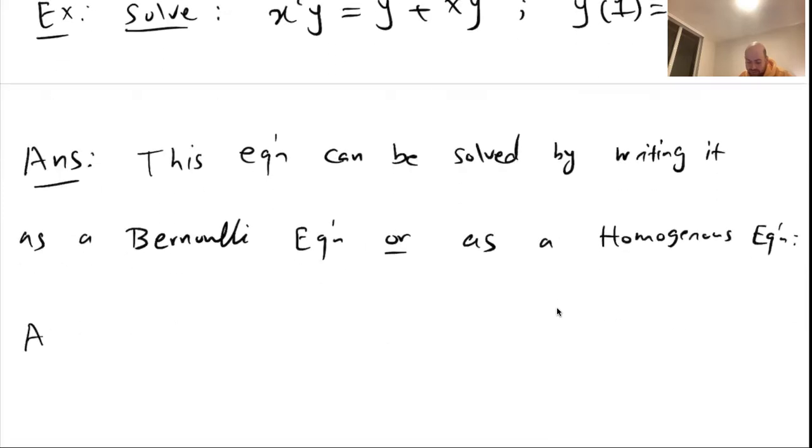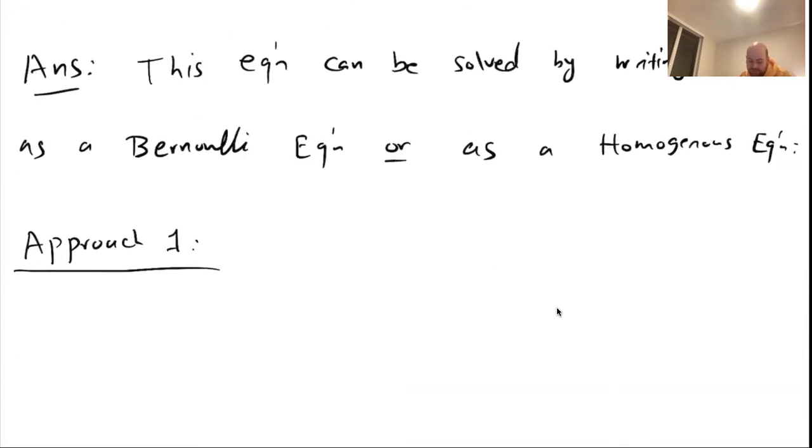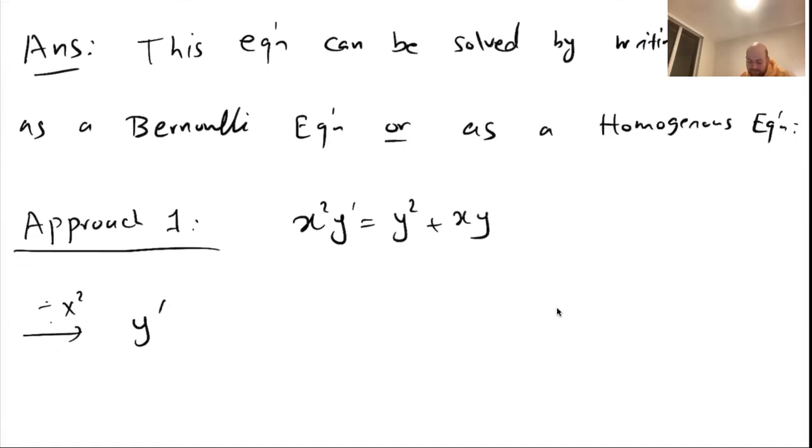So approach 1, first approach, as Bernoulli equation. This is the equation: x squared y prime equals y squared plus xy. If I divide everything by x squared, then I'll have y prime minus 1 over x times y equals 1 over x squared y squared.